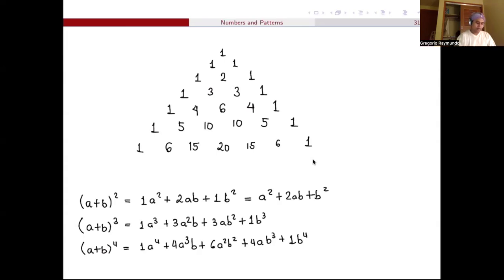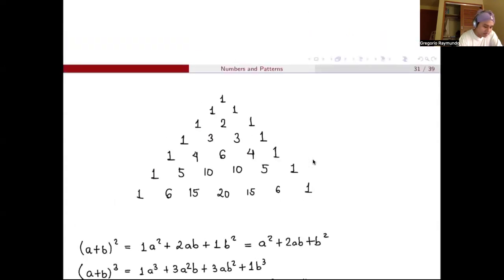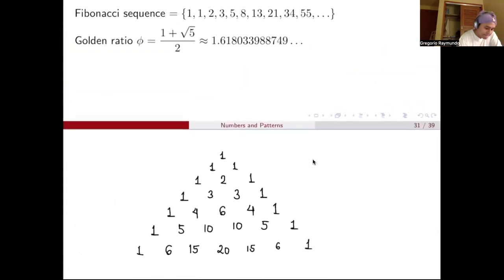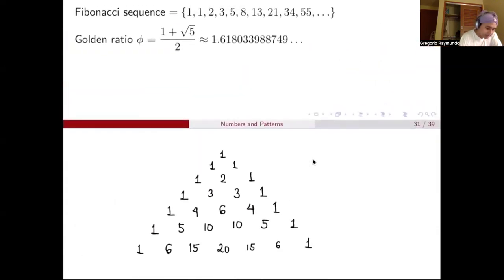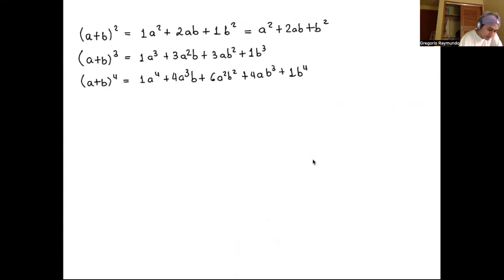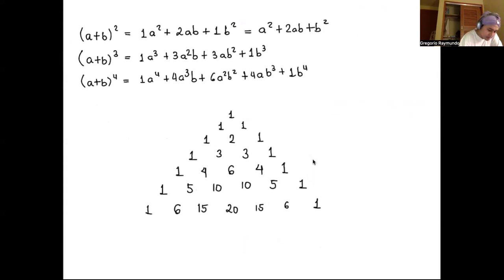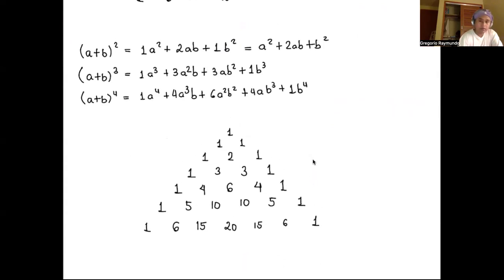Furthermore, you can see here yung diagonal natin dito. Okay. So this diagonal here is 1.